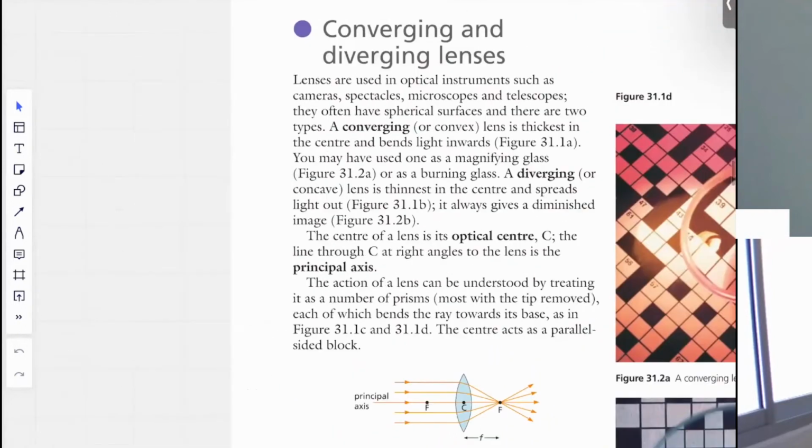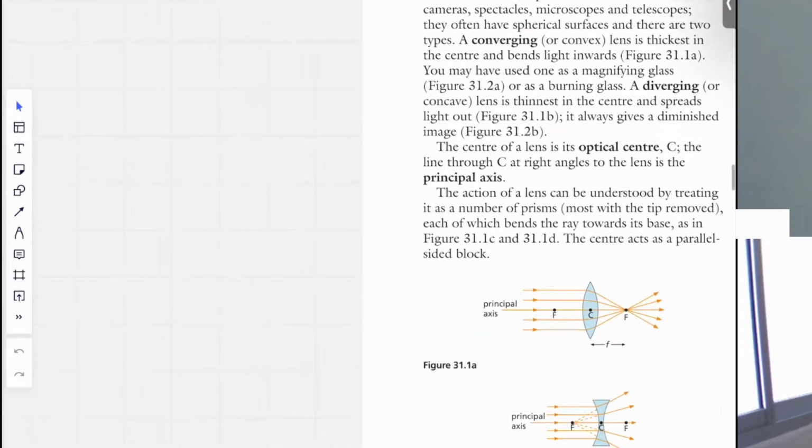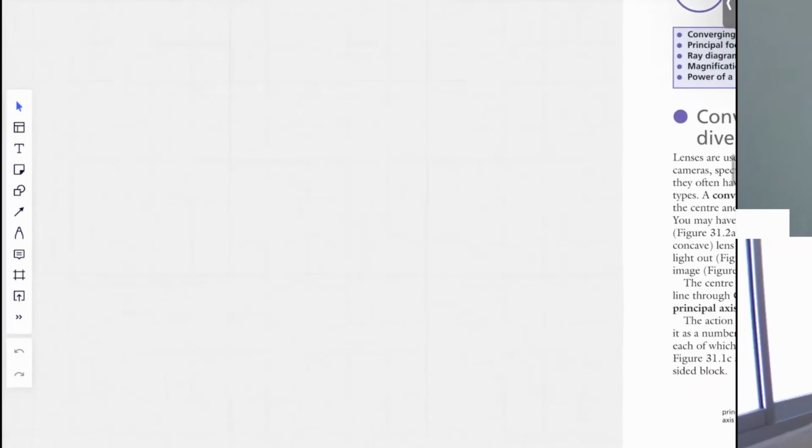Okay, this is a lens. You have a lot of types, but the main ones, you have only two. This one is thicker in the middle.